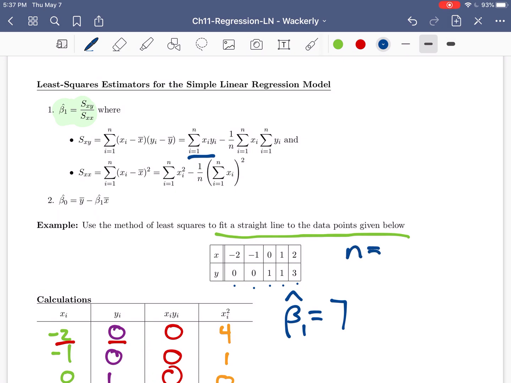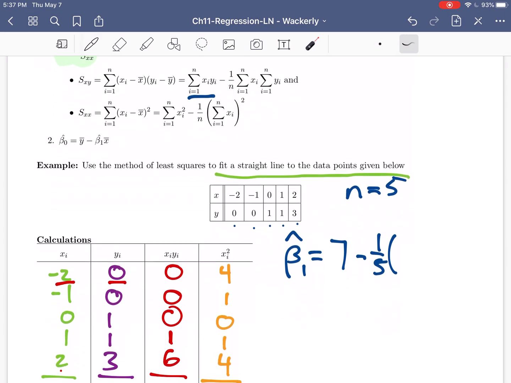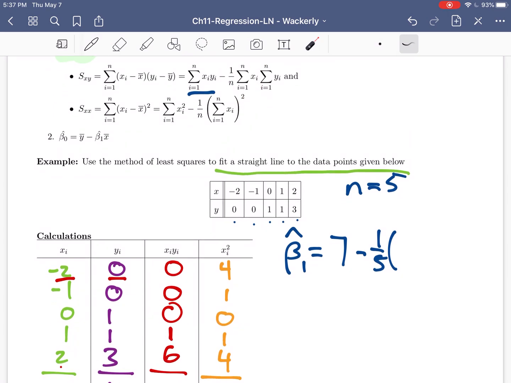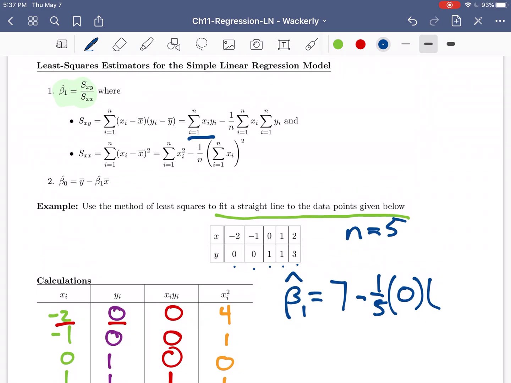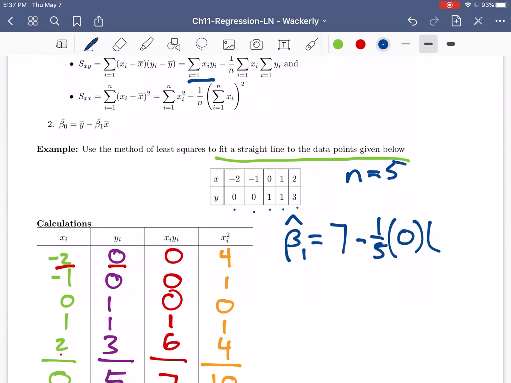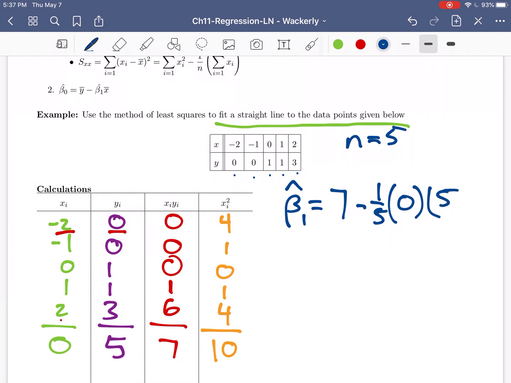So n is equal to 5. So we'll be subtracting 1 over 5 times the sum of the x sub i's, which is column 1. When we added up our x values, we got 0, times the sum of our y values. When we added up our y values, we got 5.